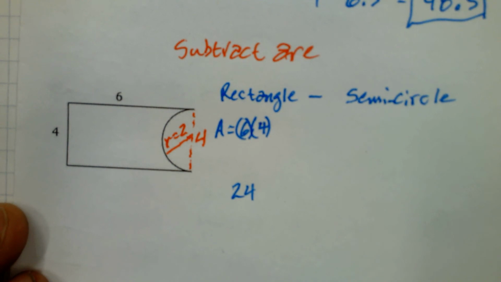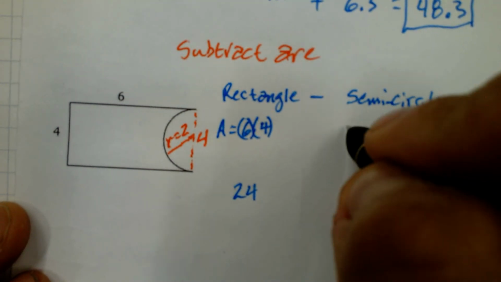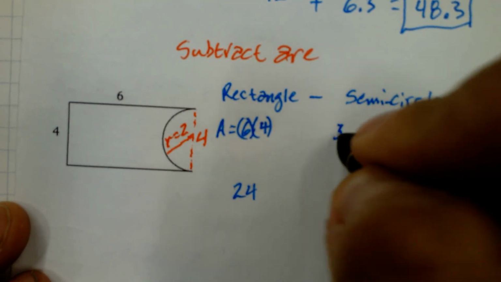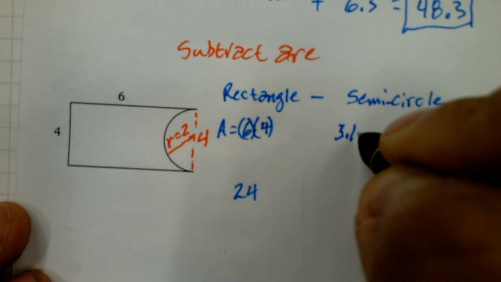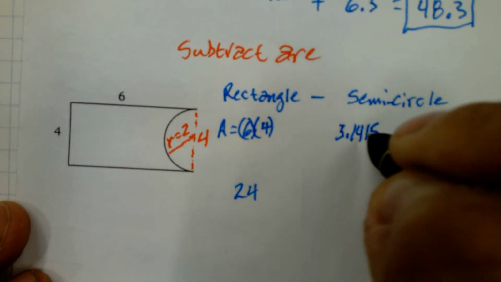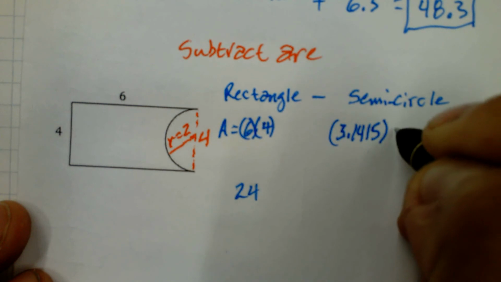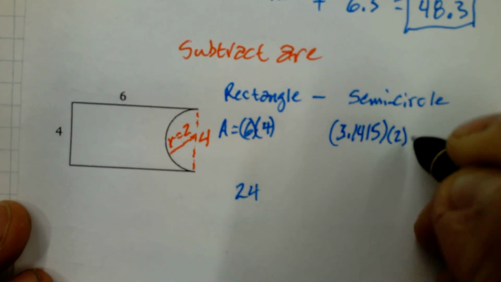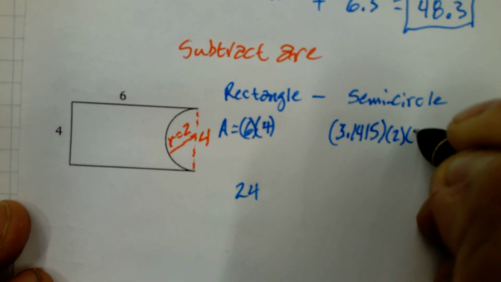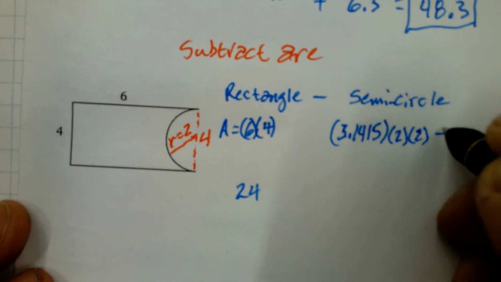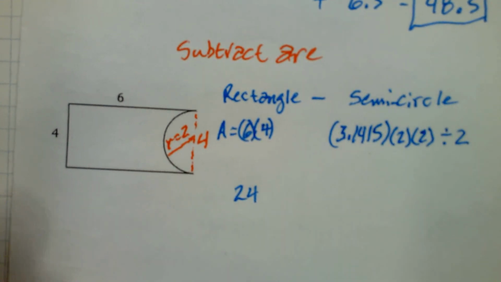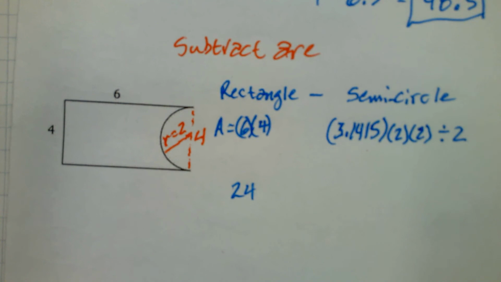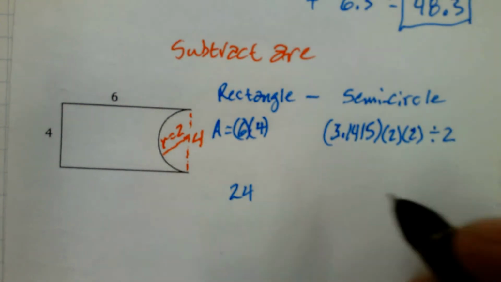So it's going to be 2. Okay, so this is going to be pi, which is 3.1415, times 2 squared. So that's 2 times 2. And then divided by 2. 6.3.